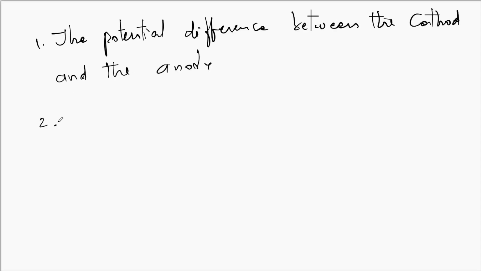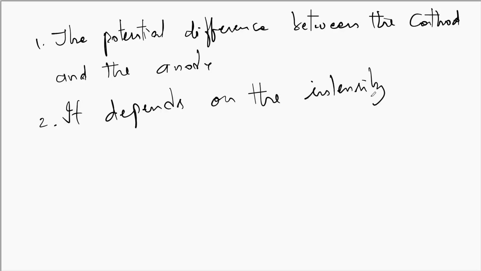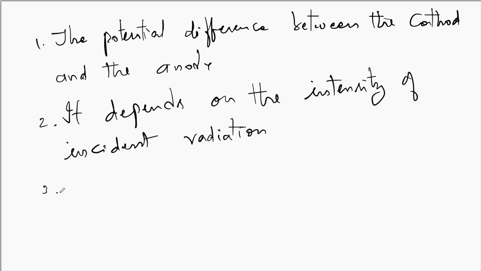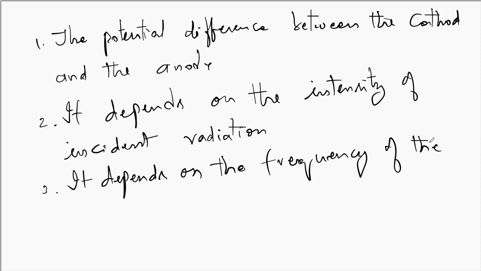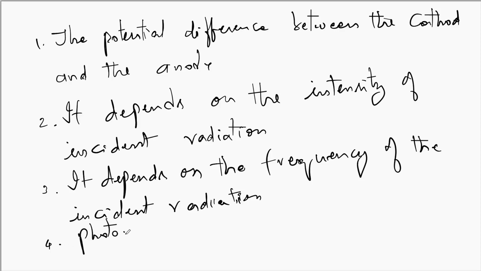It depends on the intensity of the incident radiation. Further, it depends on the frequency of the incident radiation, and it also depends on the metal plates used for the anode and cathode.